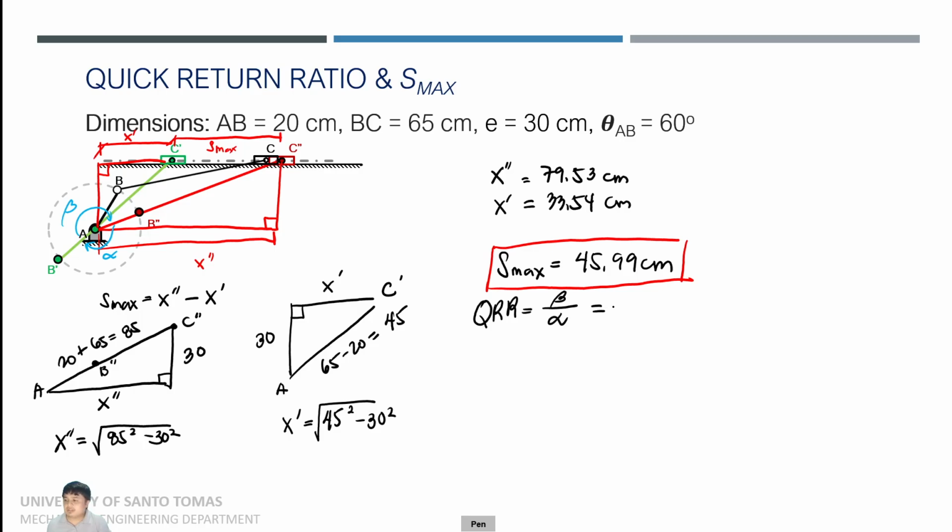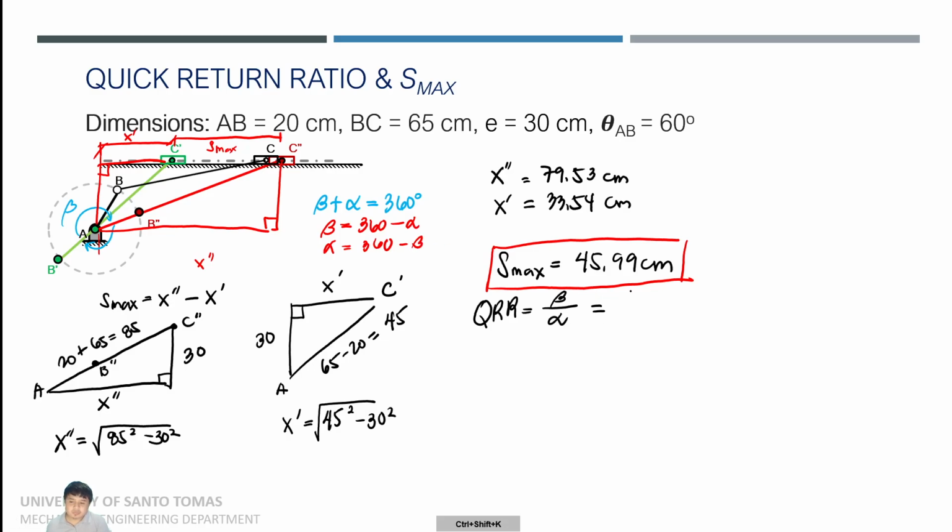Or if you want, you don't have to solve for the beta. I deleted it, sorry. As you can see, beta and alpha, their sum, is 360 degrees. So you can also say that beta is equal to 360 minus alpha, or alpha is equal to 360 minus beta.